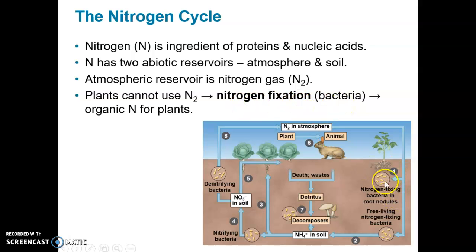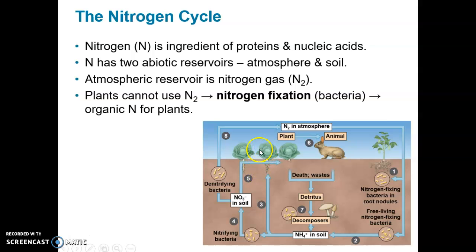So what happens is bacteria associated with plant roots or just simply bacteria in the soil can utilize atmospheric nitrogen, and through their actions, the bacteria, called nitrogen-fixing bacteria, can convert inorganic nitrogen into an organic form of nitrogen that is then able to be incorporated by plants.